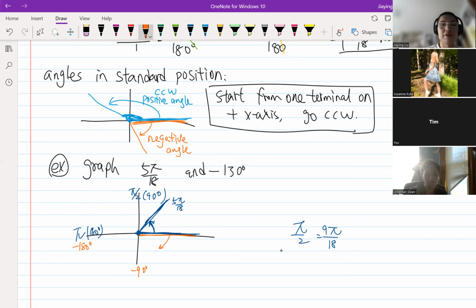But I don't need to go that far. I only need to go to negative 130. So negative 130 is 90 plus 40. I'm going to imagine it's probably right here. So this is negative 130 degrees. That's how to graph the positive and negative angles.